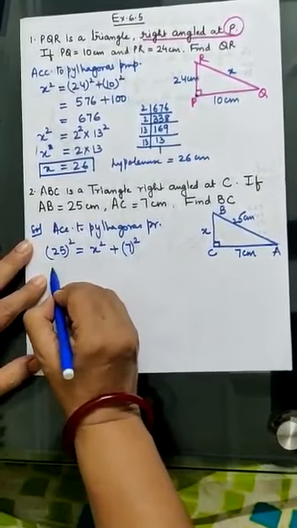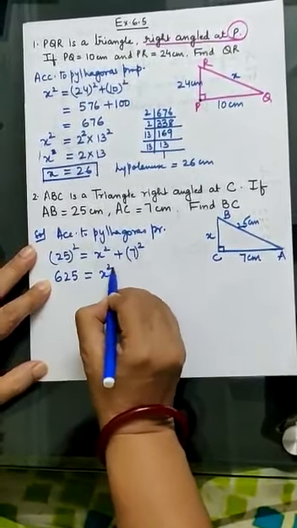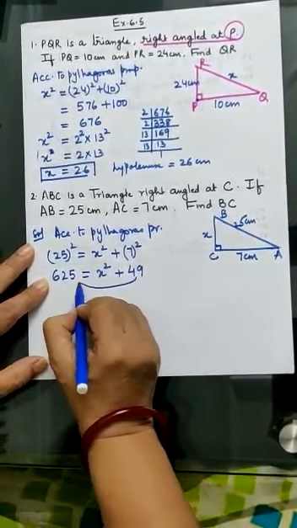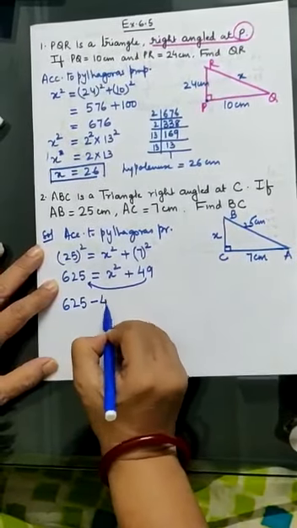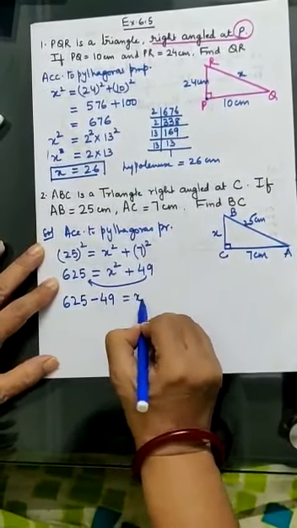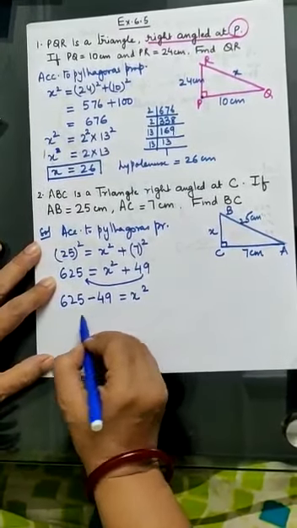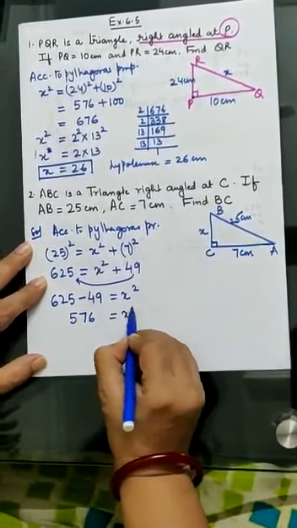So 25 square is 25 into 25, which is 625. 7 square is 49. Now 49 comes this side, so it becomes 625 minus 49 is equal to x square. When you subtract 49 from 625, you get 576, which is equal to x square.